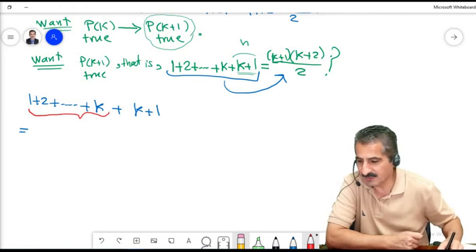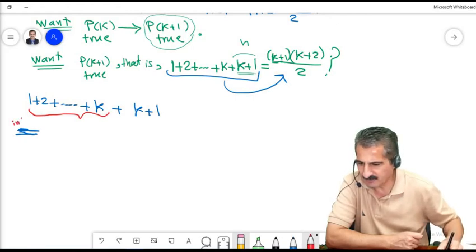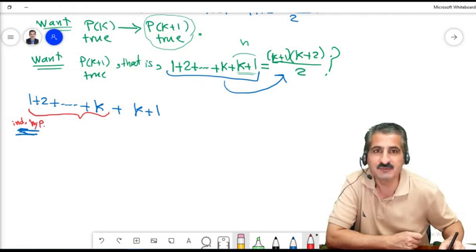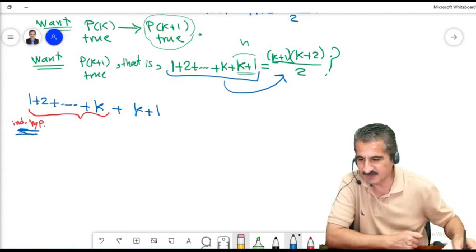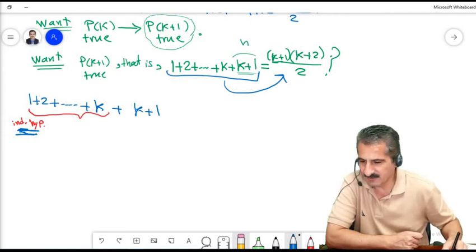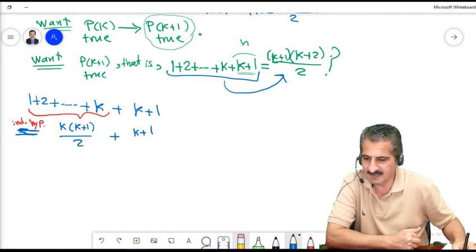So I will make a long equality like this, equals, and I will write above it induction hypothesis. This refers to the assumption, which is Pk is true. So by induction hypothesis, this equals k times k plus 1 over 2. And then this stays as is in here.